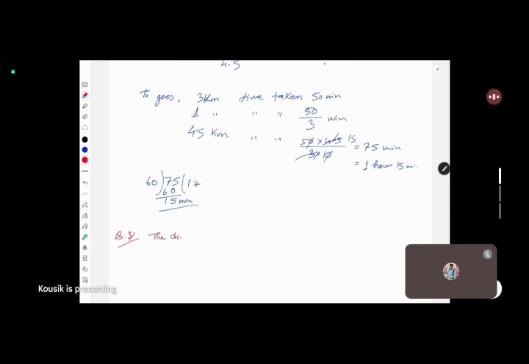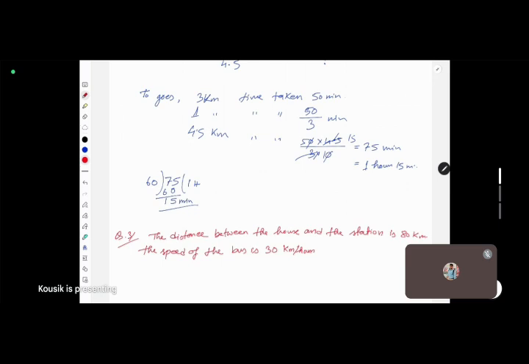The distance between the house and the station is 80 kilometers. The speed of the bus is 30 kilometers per hour.